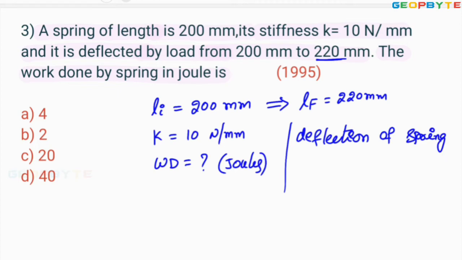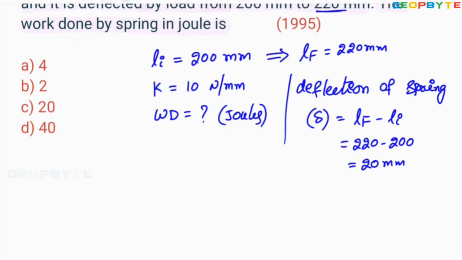Let the deflection of the spring be delta. Delta equals final length minus initial length, which is 220 minus 200, equal to 20 millimeters. That is the deflection. Then stiffness K equals force divided by deflection.